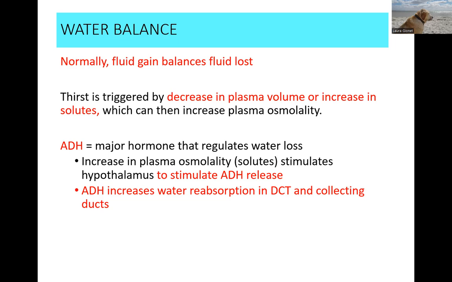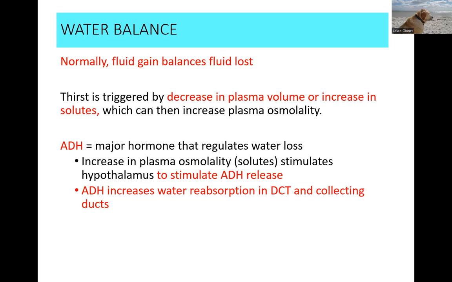Thirst is triggered by a decrease in plasma volume or an increase in the solutes in plasma, the concentration of the blood. Antidiuretic is the major hormone that regulates water loss. All right, so if we're dehydrated and we're producing urine, we're going to secrete antidiuretic to try to reabsorb water alone from the kidney tubules.